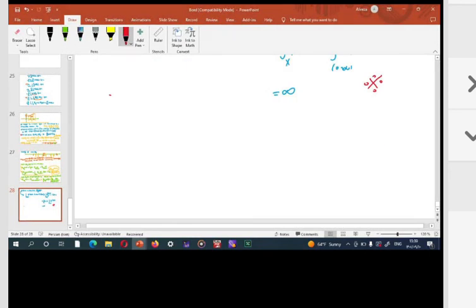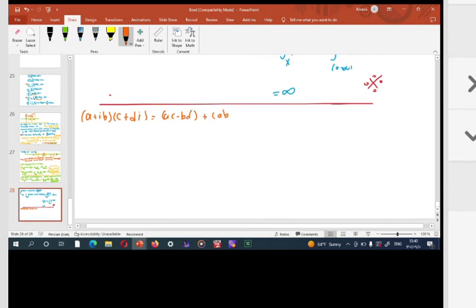By the definition of multiplication, multiply (a plus bi) by (c plus di) to get (ac minus bd) plus (ad plus bc)i.